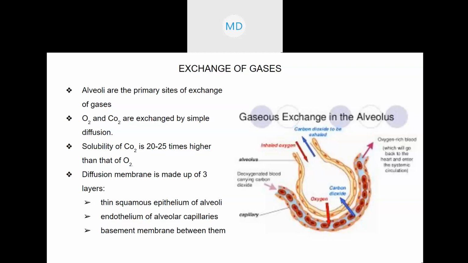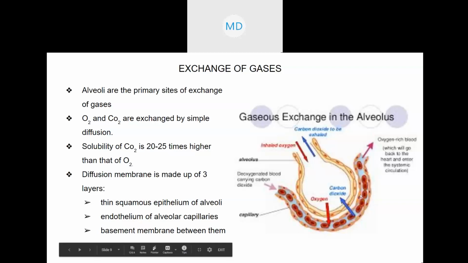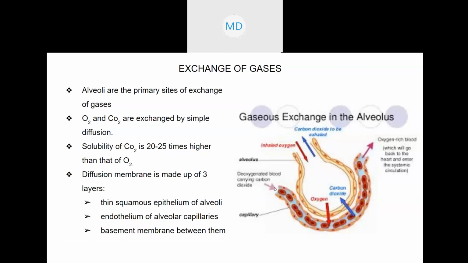If you see the diagram, it will be clear. Deoxygenated blood means impure blood, the blood that carries mostly carbon dioxide. This blood will pass through here.